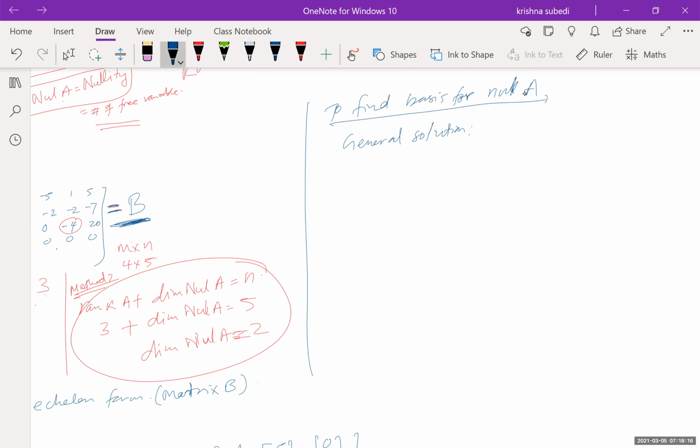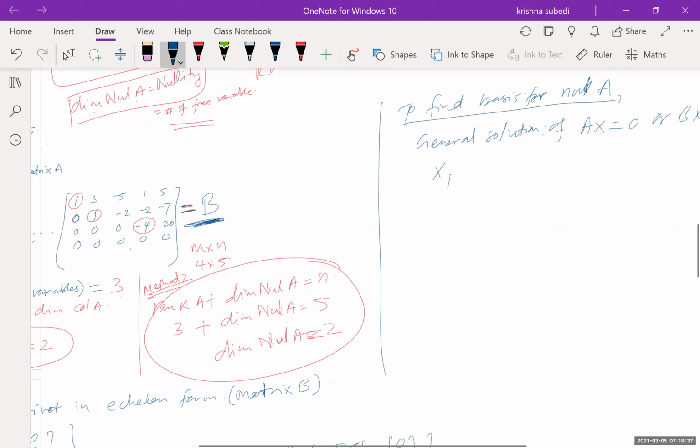And so the general solution will be x1, x2, x3, x4, x5.